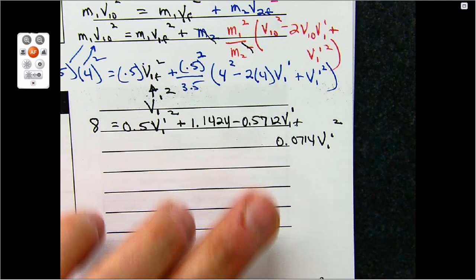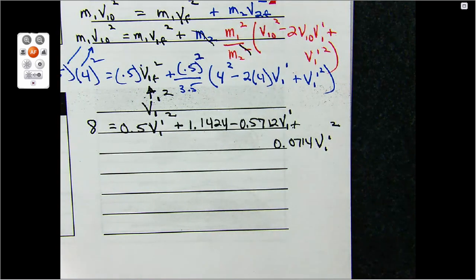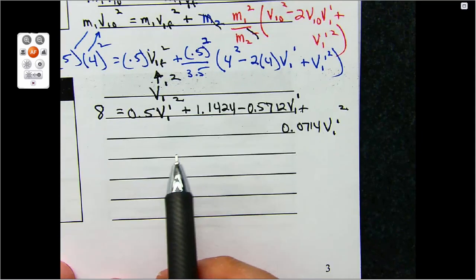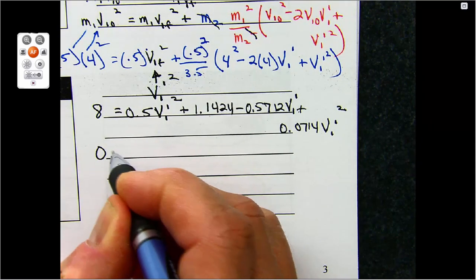So 0.5712, yes. Yes. Because now we're going to clean all this up and use the quadratic. We're going to set this equal to 0 now.